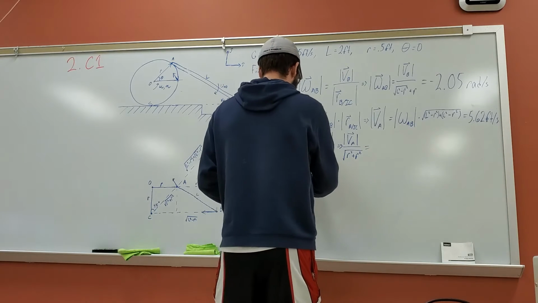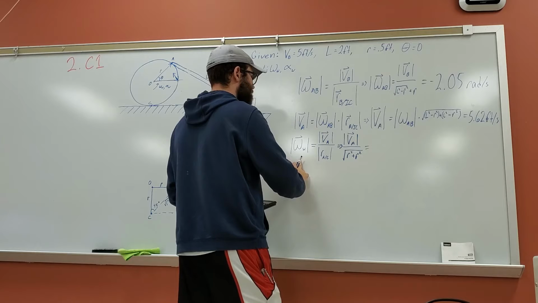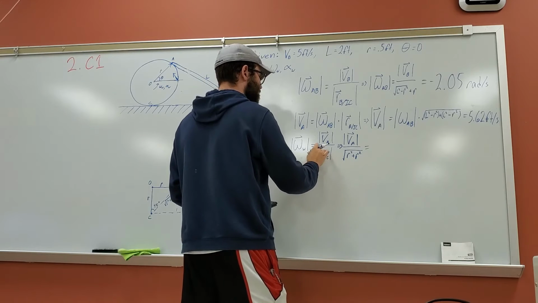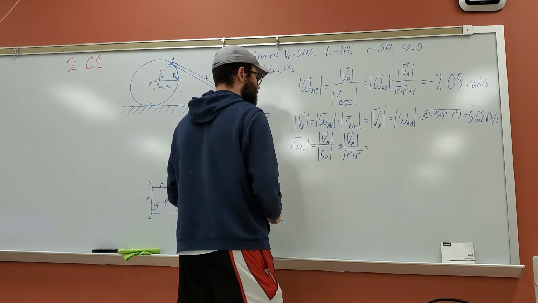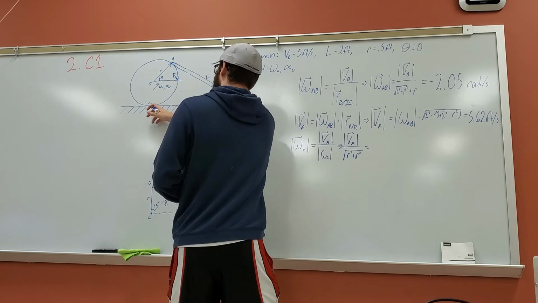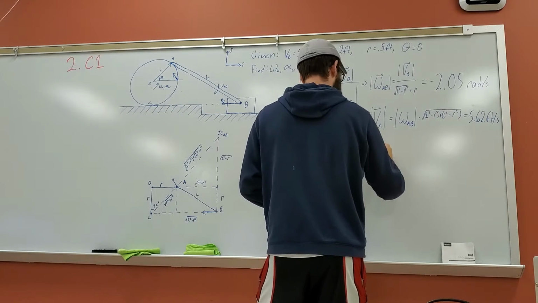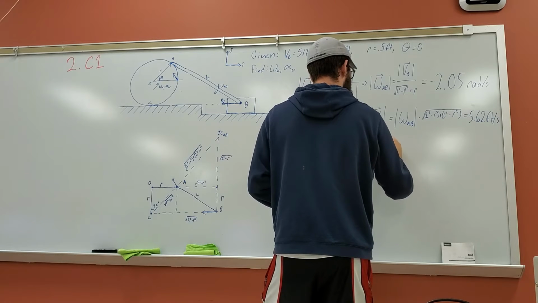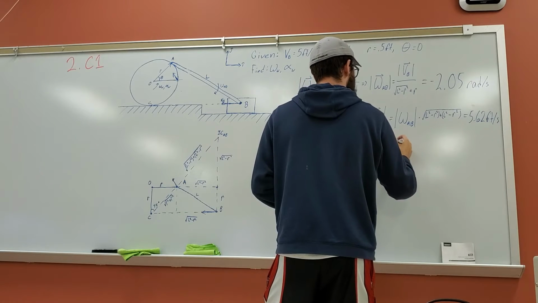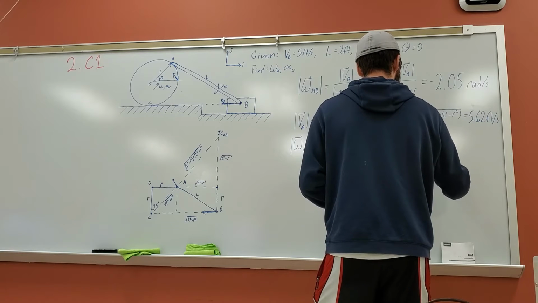And so from there, we can find the angular velocity of the wheel, which will be the velocity of A over the position of A relative to C, our instant center for the wheel, which will come out to be 7.95 radians per second.